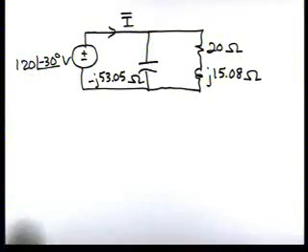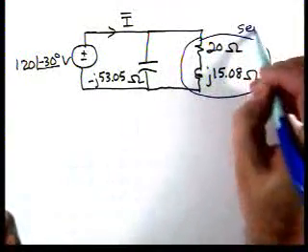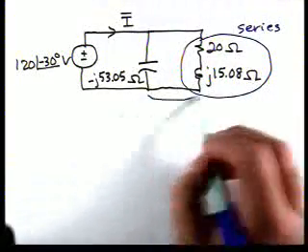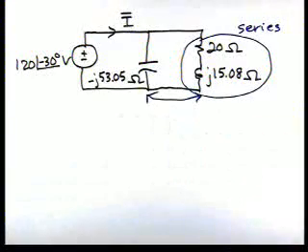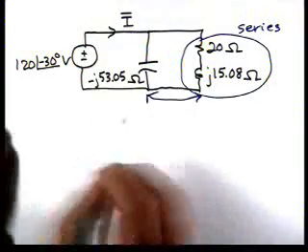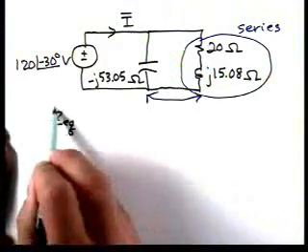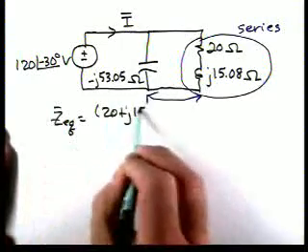If we note, for instance, these two elements are in series and they're in parallel with this capacitor. So let's combine those in parallel. So for instance, Z equivalent, we'll call it. We'll take the product over the sum.